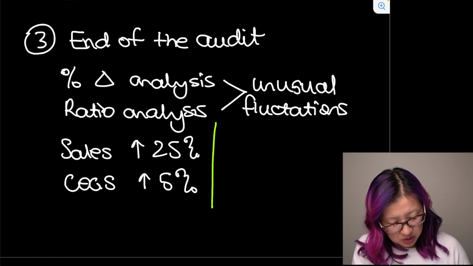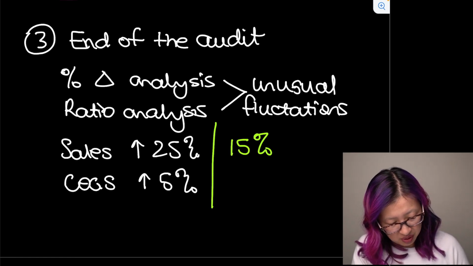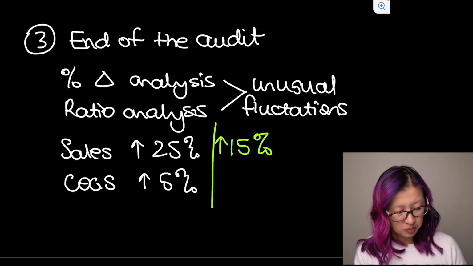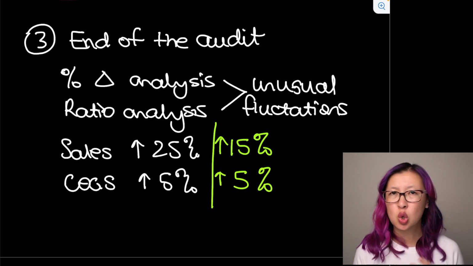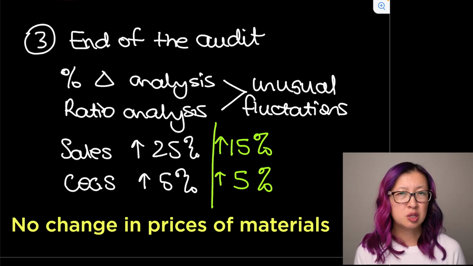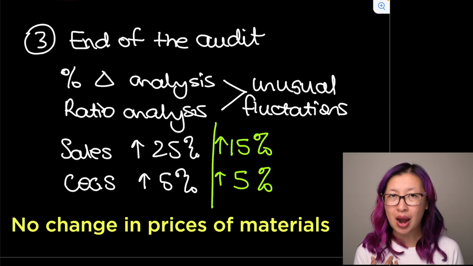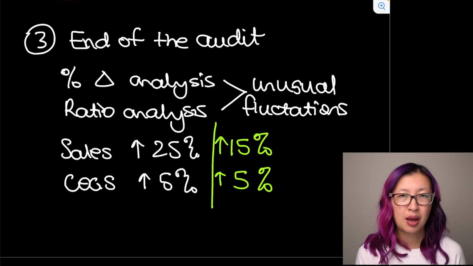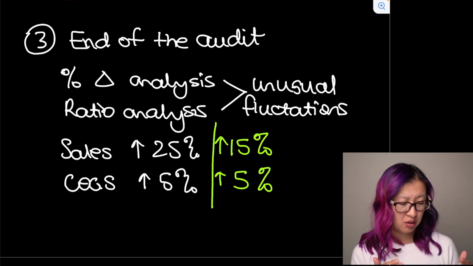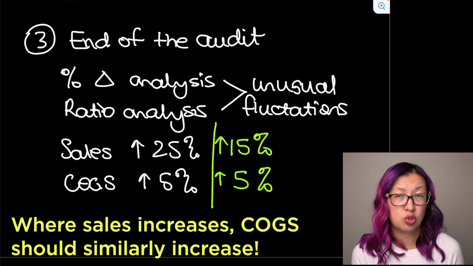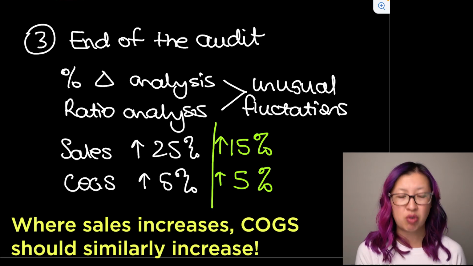Well, if sales is now increased by 15% and cost of goods sold is still up by 5%, but I talked to management, there's been no change in the price of the raw materials or the inventory that you buy, there's been no change in anything, and prices stayed the same, then if sales increase, cost of goods sold should increase by the same ratio.